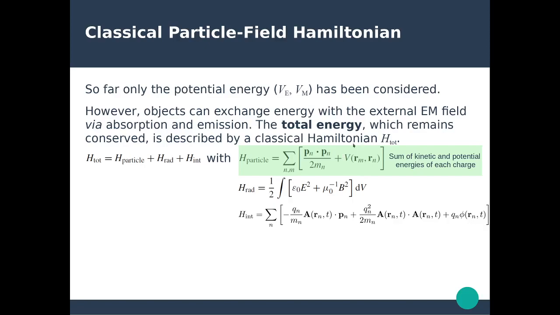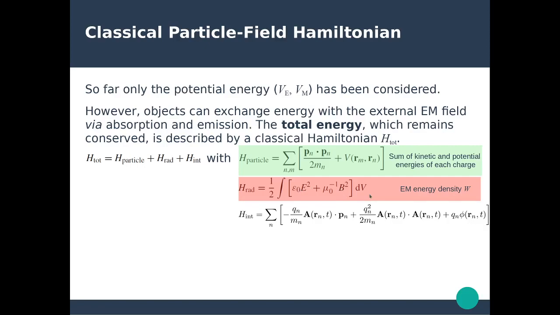So each electron has a potential energy that you can calculate as we've done just before. The second term is the electromagnetic radiation. So this is just the electromagnetic energy. If you have taken a course in electromagnetism or electrodynamics, this is very familiar. It's proportional to the volume integral of the field squared, roughly speaking, the electric and magnetic fields. So this is the electromagnetic energy density.